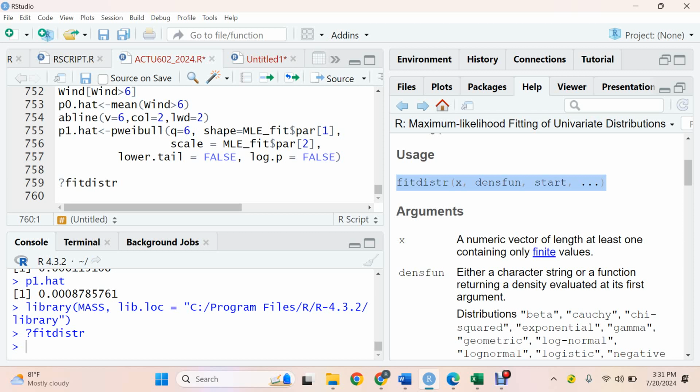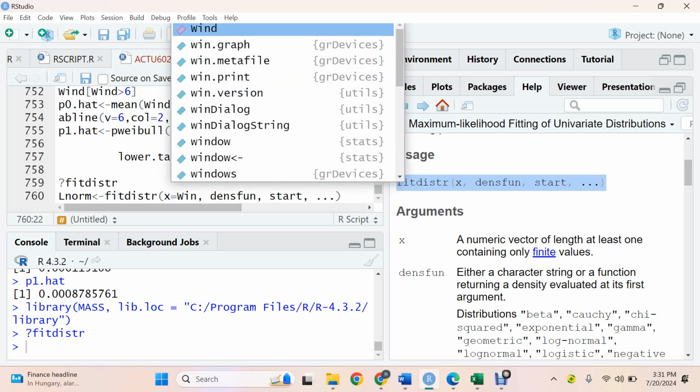And then we fit the normal as well. So log normal, L norm. X is still our wind data.